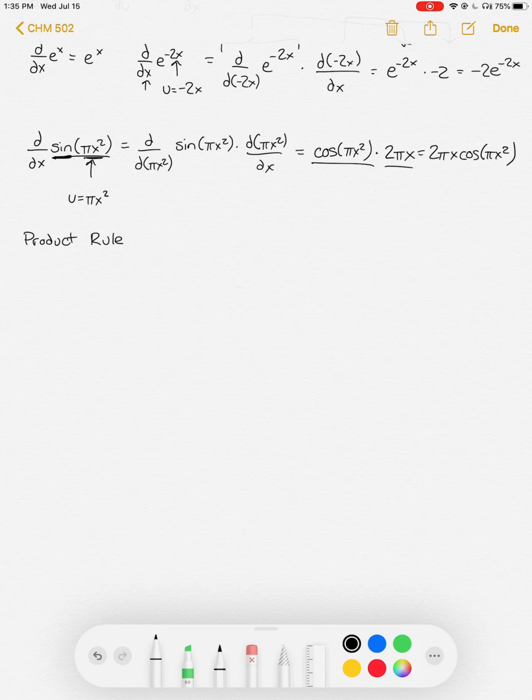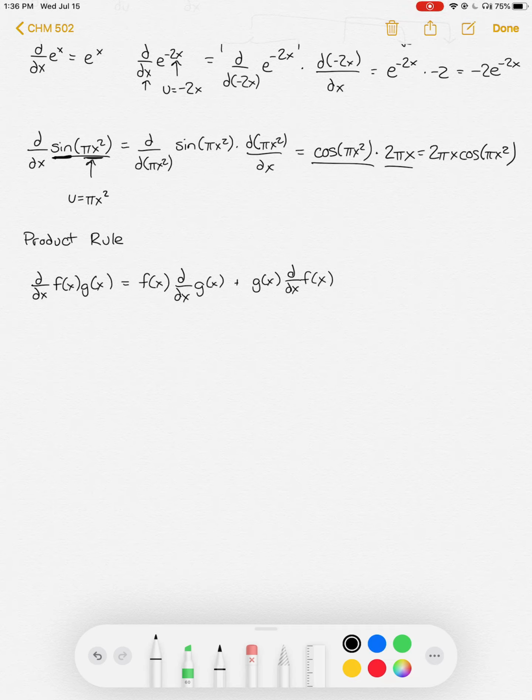So for example, if we have a function that's f of x times g of x, this is going to be equal to the first function, not taking the derivative of, and then multiplied by the derivative of the second function. And then to that we'll add the second function times the derivative of the first function. So again, just like the chain rule, we'll go through what this rule looks like in practice.